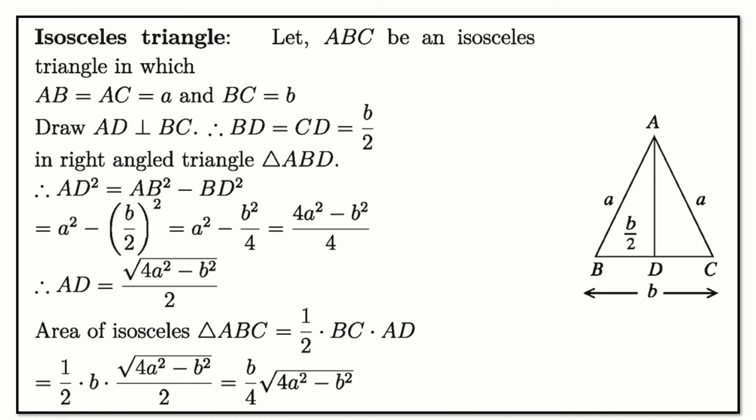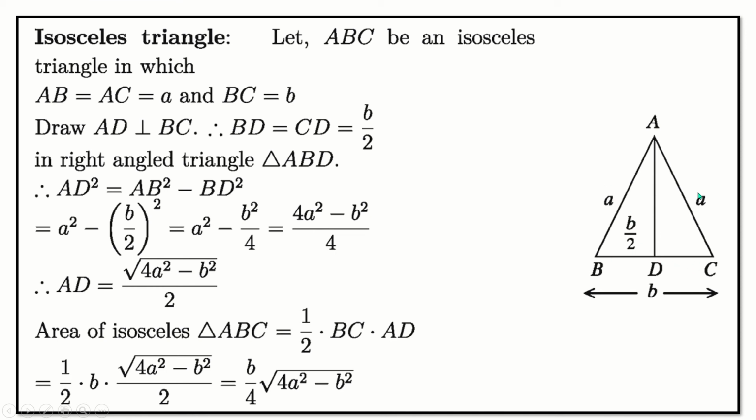Also for an isosceles triangle, when we draw a perpendicular from the common vertex of the equal sides to the other side, the point where it intersects the other side divides that side into two equal parts, that means BD equals CD, and BD equals CD means B divided by 2.